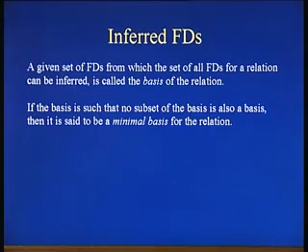Now, if the basis of functional dependencies is such that no subset of this basis is also a basis, that is none of these functional dependencies that form the basis can be derived from one another, then it is said to be a minimal basis for the relation.